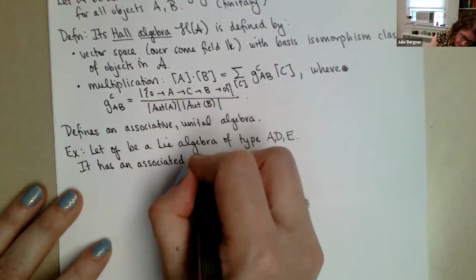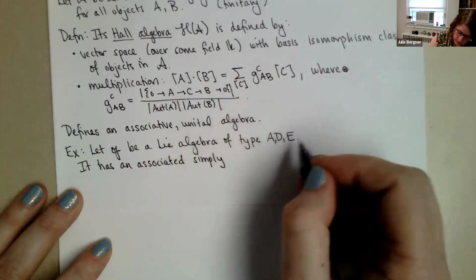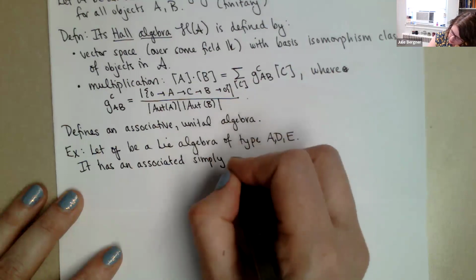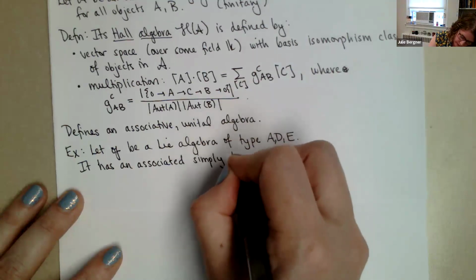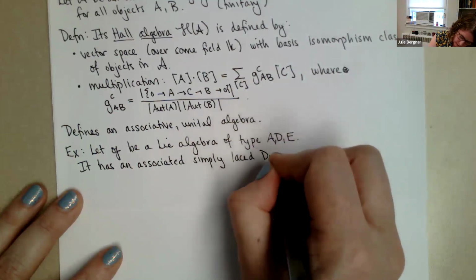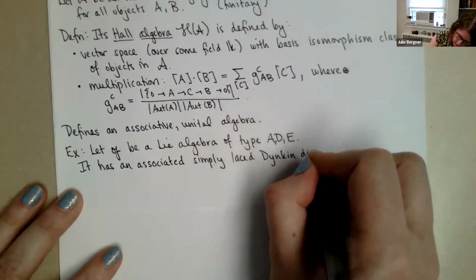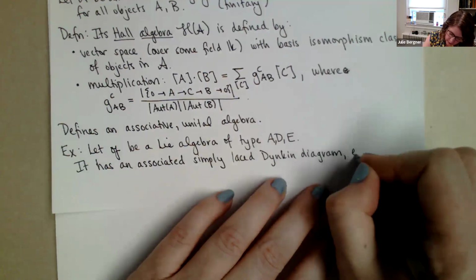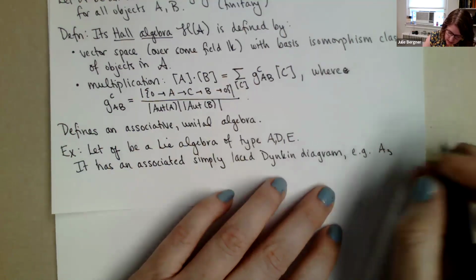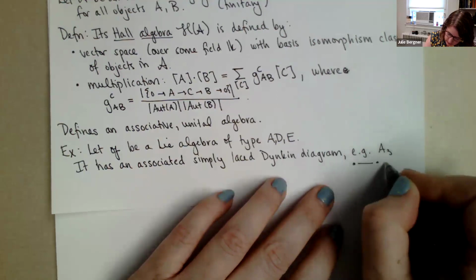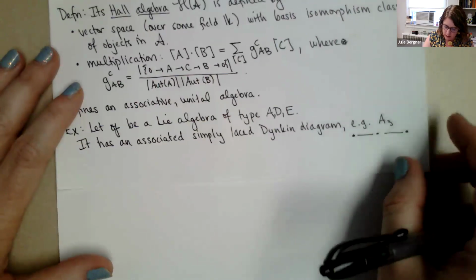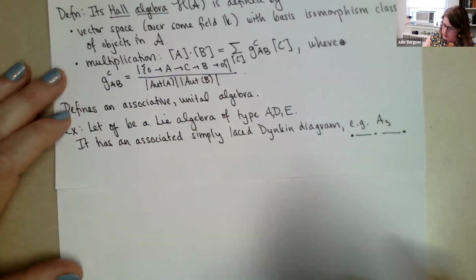And these are the things that are simply laced, which distinguishes the A, D, and E from the B's and C's and other kinds. So you don't have multiple edges and loops. So for example, the A3 Dynkin diagram is just this little graph here with 3 dots and 2 edges.